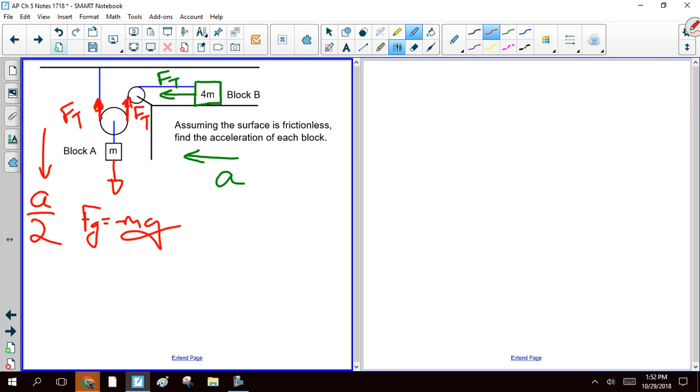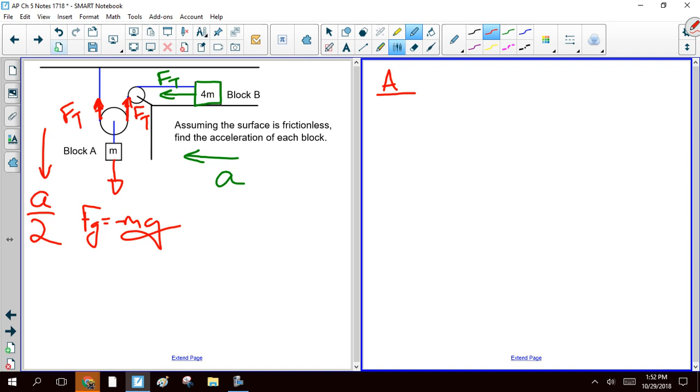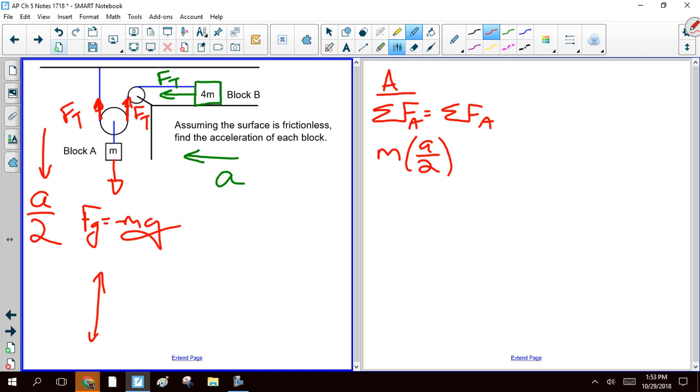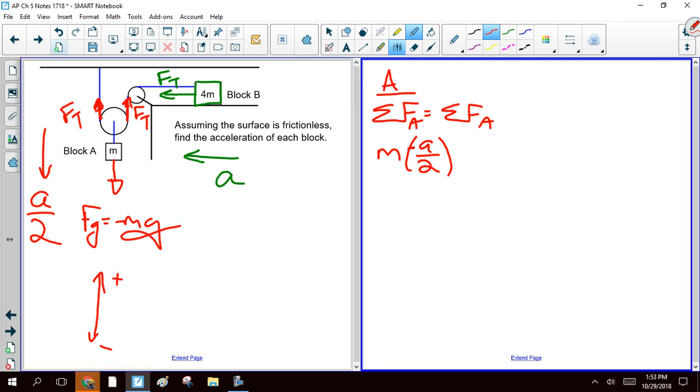So let's write a net force equals net force equation for both of my blocks, all right? So I'm going to do block A. Net force on A equals the net force on A. So we're going to have mass times A over 2. Let's see. I think I want to make down negative and up positive, in which case I need to make this negative A over 2, right?